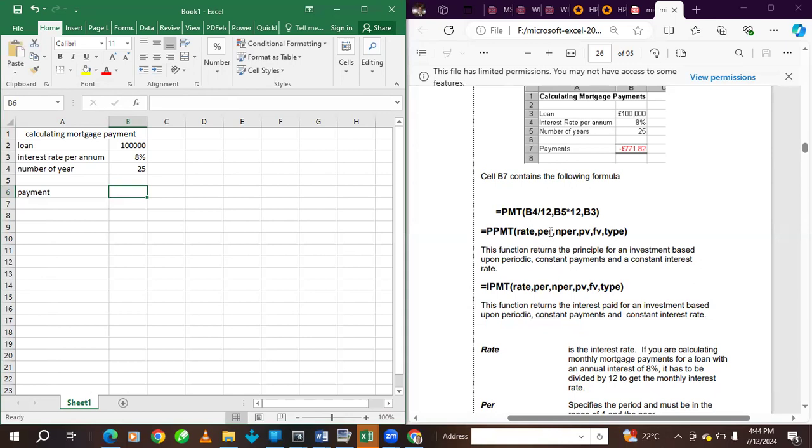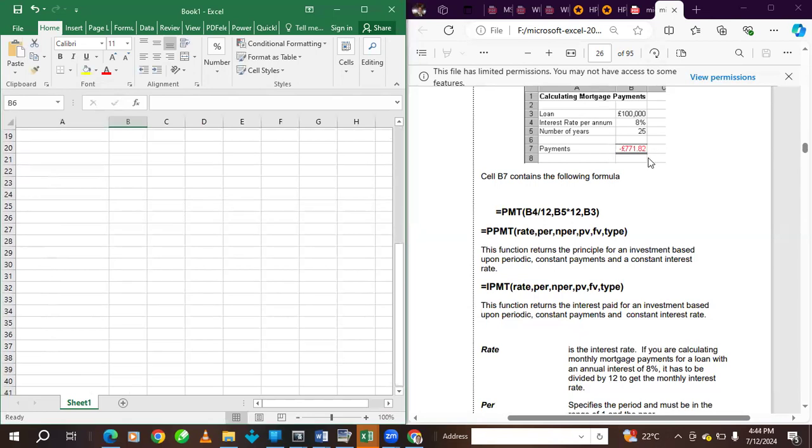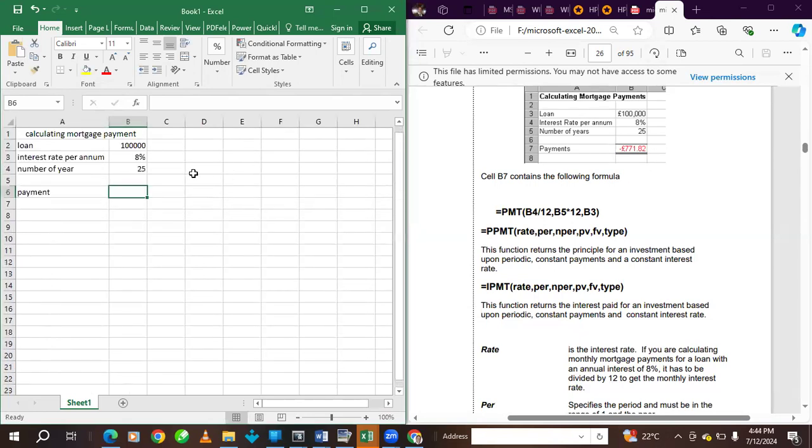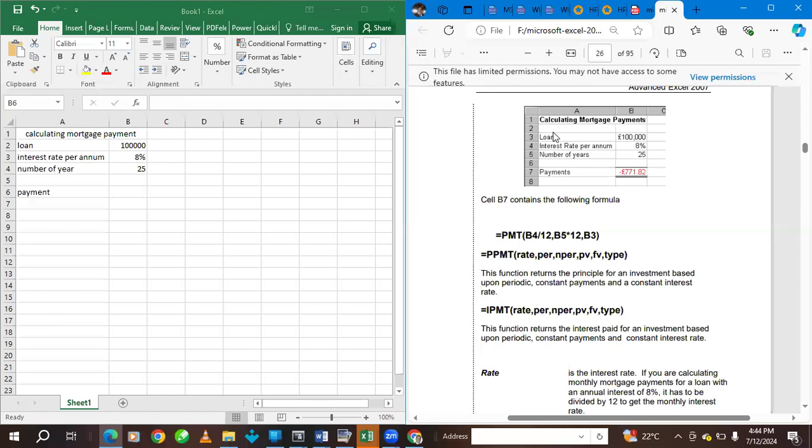So to apply this function, you need to calculate the P4. Our P4 here shows the loan amount; you divide by 12, converting it into monthly payment.